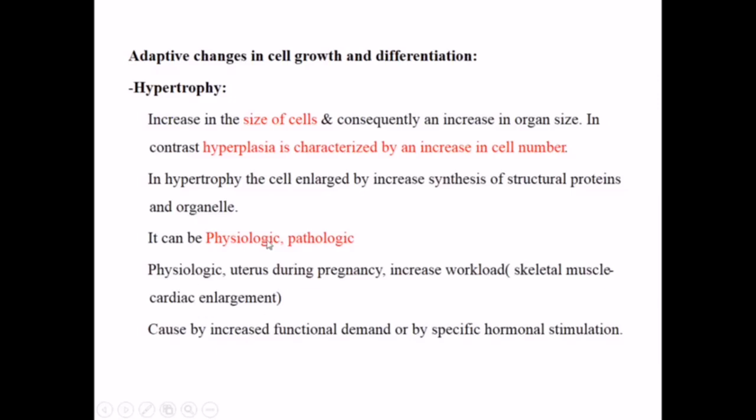It can be physiologic or pathologic. Physiologic, like the uterus during pregnancy, increased workload, like skeletal muscle or cardiac muscle enlargement, caused by increased functional demand or by specific hormone stimulation.